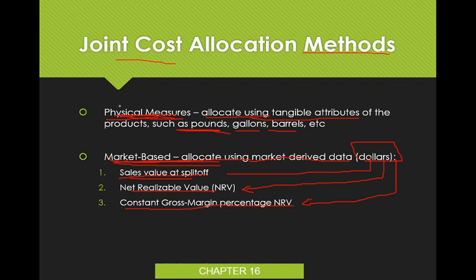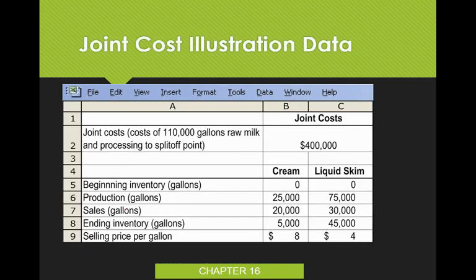These four methods, physical measure, sales value at split-off, net realizable value, and constant gross margin, we will illustrate in the following example. We will illustrate the four methods using this example, compare the results, and see when we can use each of these four methods. In the coming videos, inshallah, we'll continue with our example and with chapter 6.